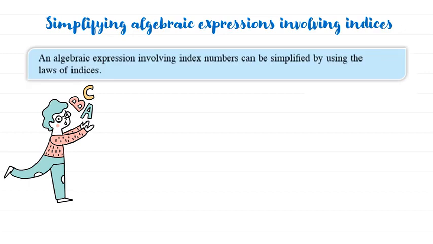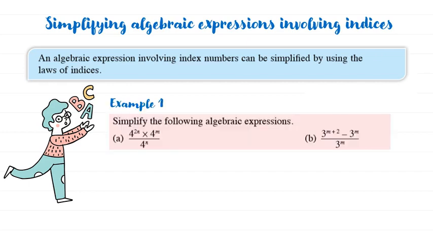An algebraic expression involving index numbers can be simplified by using the laws of indices. So this is example 1 for A and B. Later we will have C and D. Simplify the following algebraic expressions. So the solution. If you observe the first question, it involves only multiplication and division.